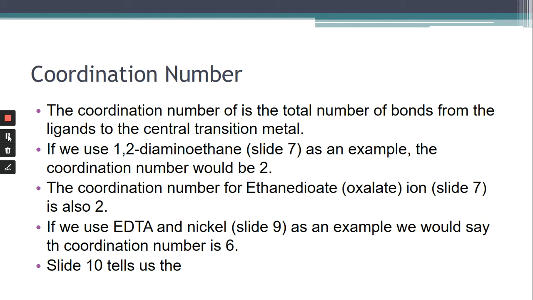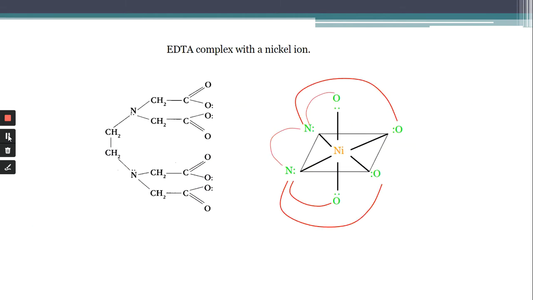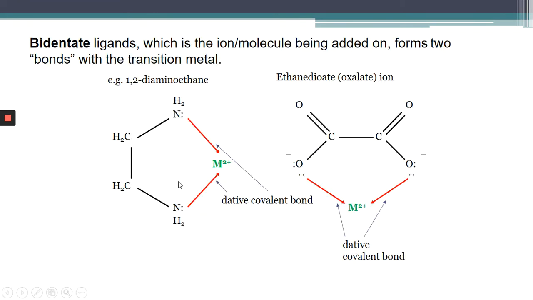If we look back at the 1,2-diaminoethane on slide 7, so that's this one on the left-hand side, we can see that the coordination number here would be 2 because we've got 2 bonds forming here. Okay, so that one ligand is bidentate because it's got 2 places where it's joining itself or biting into the metal. And the metal itself has got coordination number of 2 because there are 2 bonds attaching to the nitrogen.